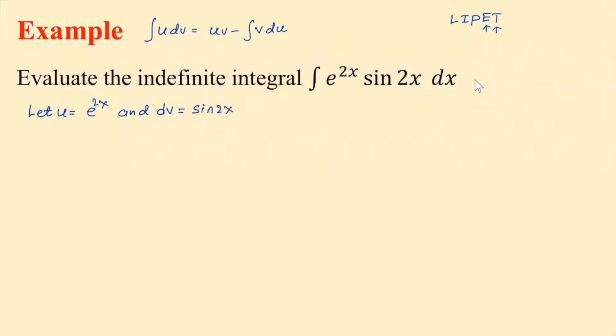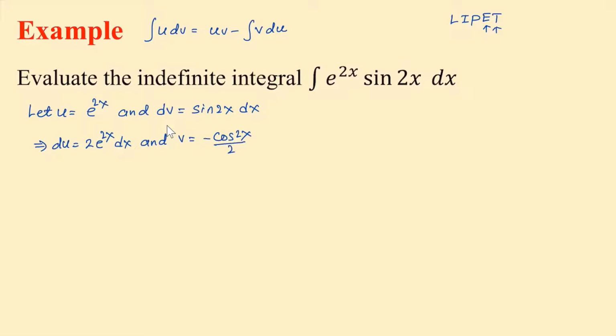This implies first we differentiate u, so du equals 2 e to the 2x dx. And the second one we integrate, so v equals the integration of sine 2x, which is negative cosine 2x over 2.